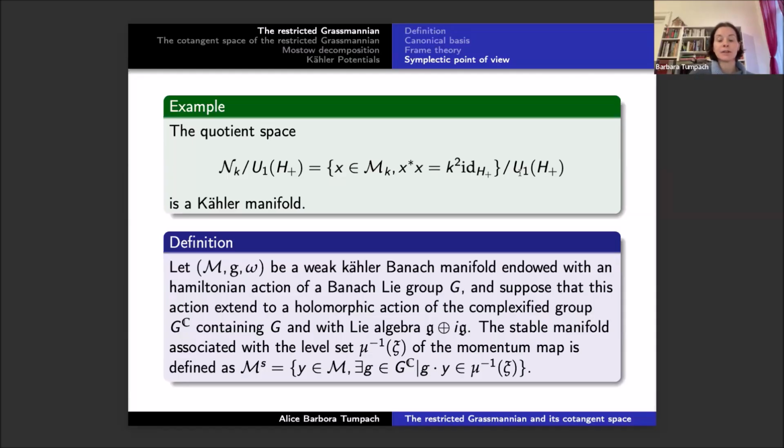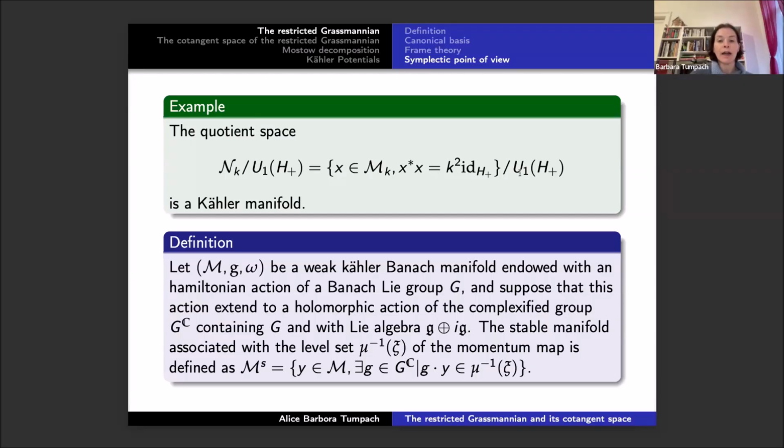I will first define what a stable manifold is. So if we start with a Kähler manifold with a group G acting on it, and we suppose that the group G, like in our case U1, has a complexified group. In our case, this will be GL1, so the space of invertible bounded operators which differ from the identity by a trace class. And we suppose that this complexified group acts also on the same space M, and that this action is holomorphic.